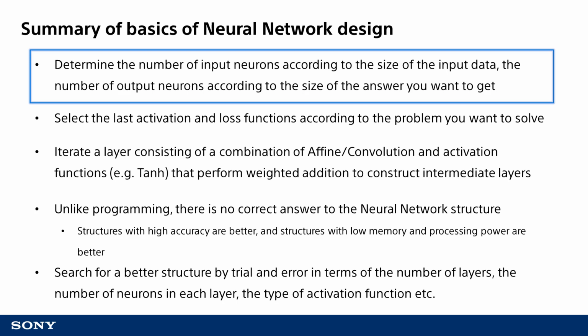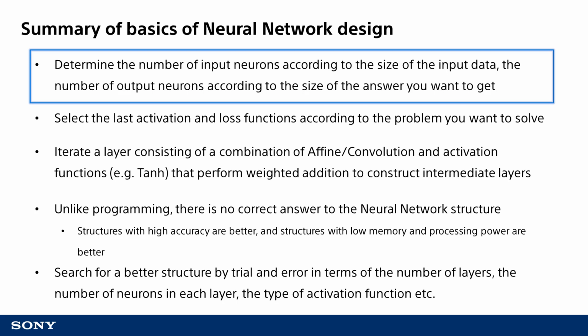In the example of handwritten digit classification, the number of input neurons was 28 by 28, since the image was 28 by 28 pixels, and the answer we want to get was a digit from 0 to 9. So the number of output neurons was 10, corresponding to each digit from 0 to 9.